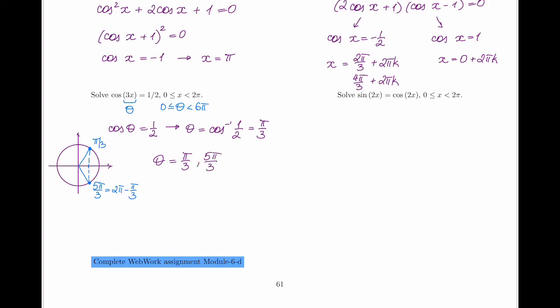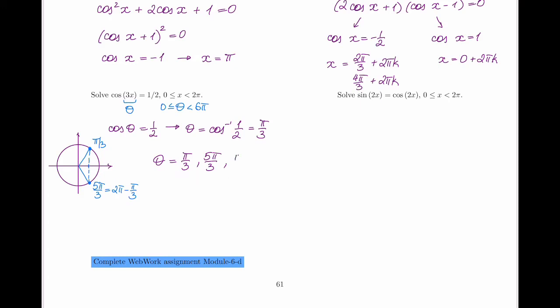Now, this is just for theta between 0 and 2 pi in the first rotation, but I know that I have to go between 0 and 6 pi for theta. So to both of these, I have to apply two additional rotations. Let me just write them fully out.